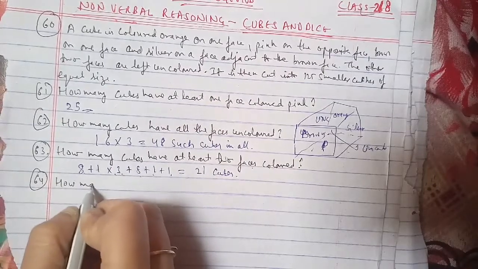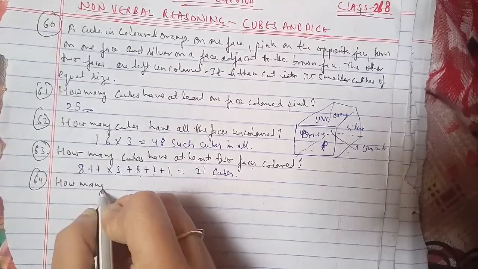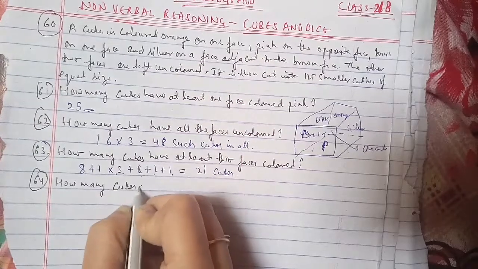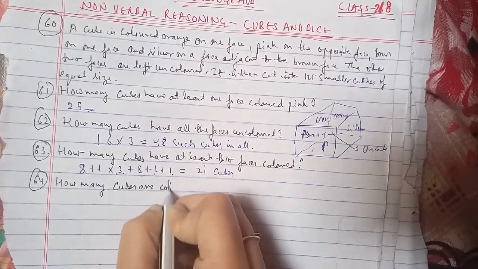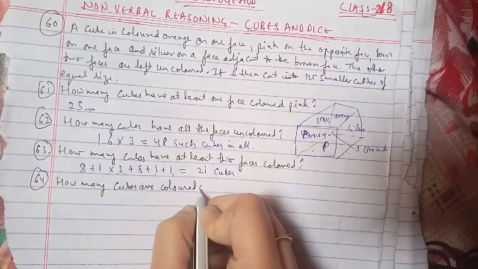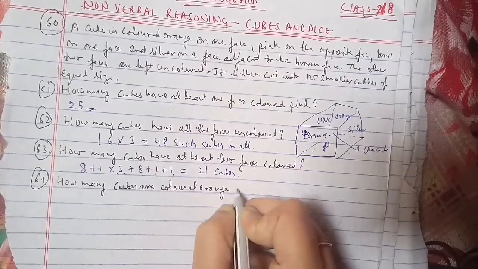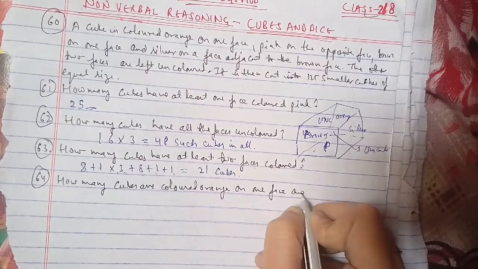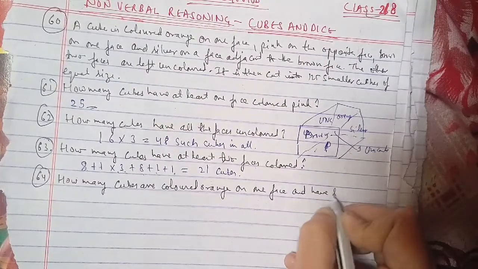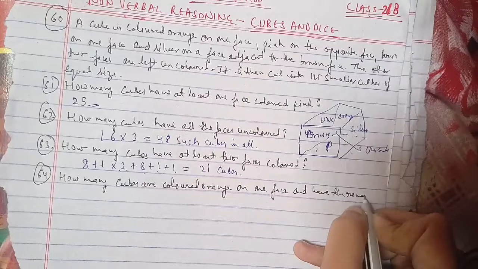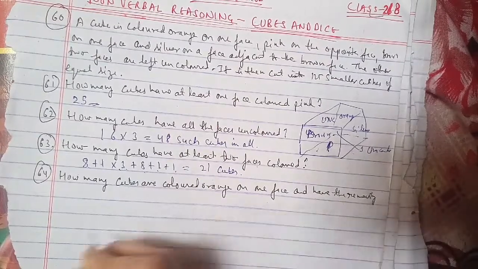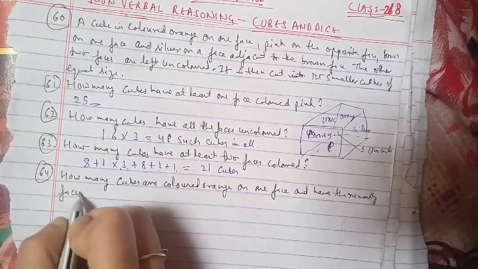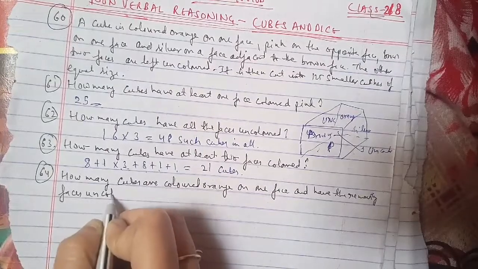How many cubes are colored orange on one face and have the remaining faces uncolored?